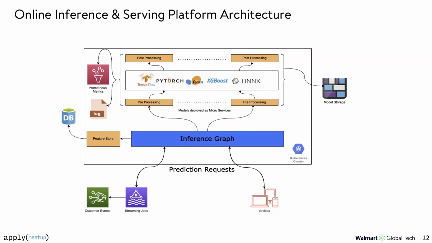and this inference graph also has the capability, given a feature, to automatically talk to a feature store to gather all the features which are required, and also call based on the configurations of your model. It has a set of pre-processing steps and post-processing steps, which you can configure.